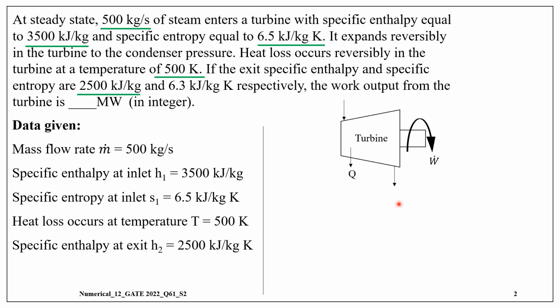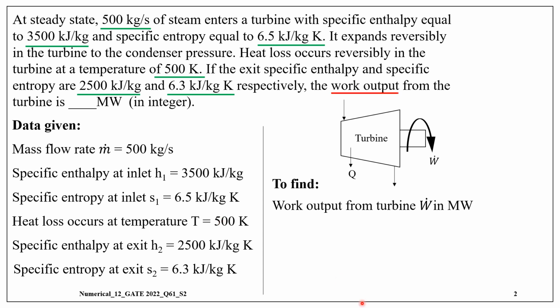The specific enthalpy at the exit is given. Similarly, specific enthalpy, entropy at the exit is given. And we need to find what is the work output from the turbine, that is W dot in megawatts.